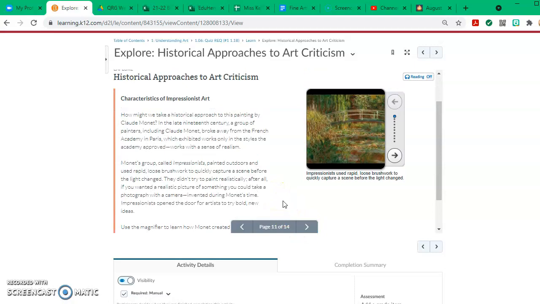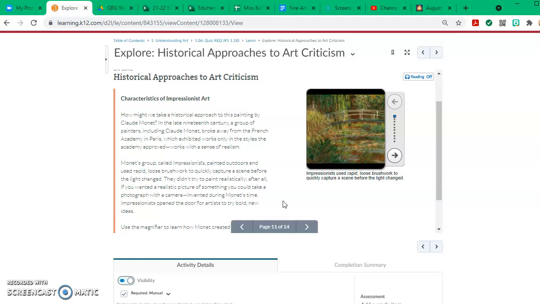Impressionist art. How might we take a historical approach to the painting by Claude Monet? In the late 19th century, a group of painters, including Claude Monet, broke away from the French Academy in Paris, which exhibited works only in the style the Academy approved, works with a sense of realism.